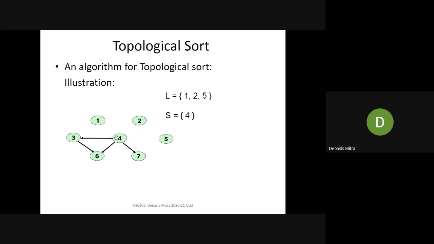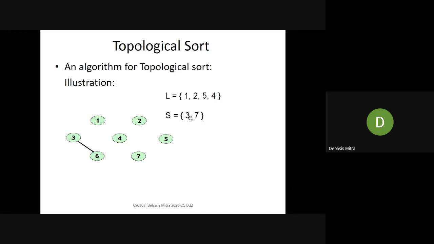and in the next step 4 will be included in the topological sort and all the 3 outgoing edges will be removed, and eventually 3 and 7 both of them will have in degree 0 and again they will be included in S. Now picking up 3 and 7 is arbitrary. I can pick up 7 first, 3 then, or 3 first and 7 then, no problem.